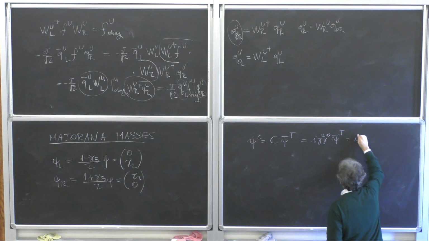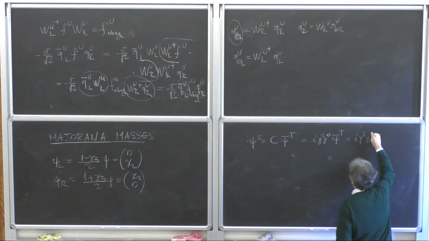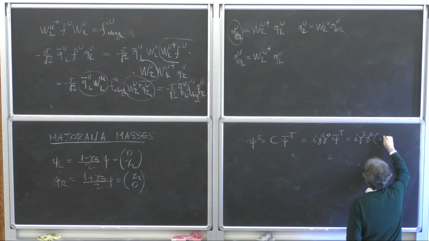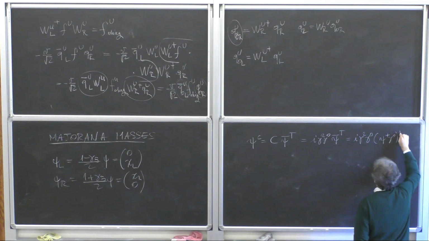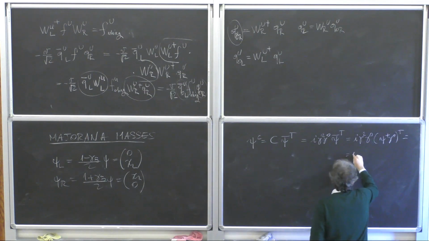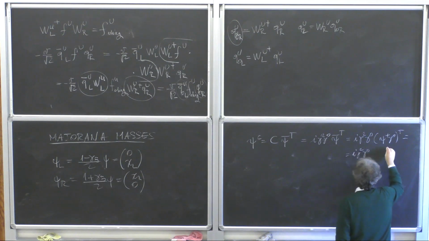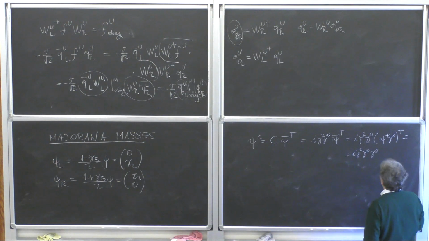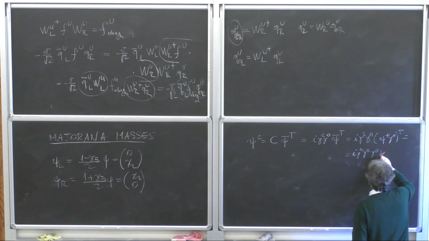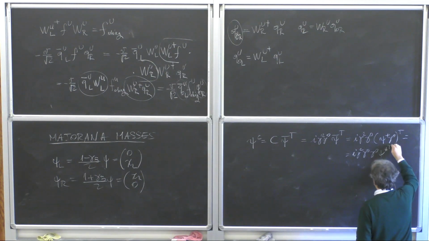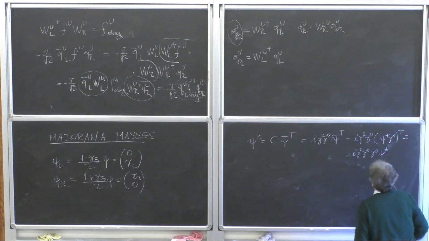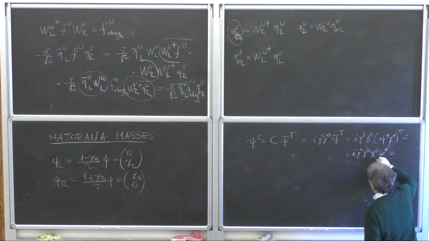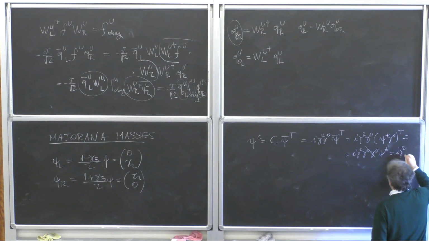So you have i gamma 2 gamma 0 and then psi dagger gamma 0 transposed. The transpose of gamma 0 is still gamma 0, and psi dagger transposed is psi star, and gamma 0 squared is 1, so i gamma 2 psi star.